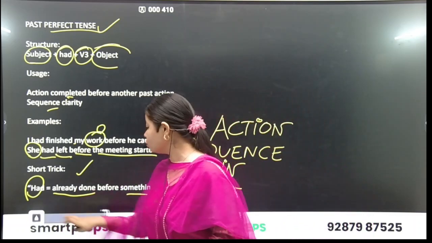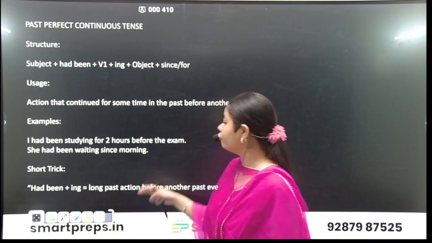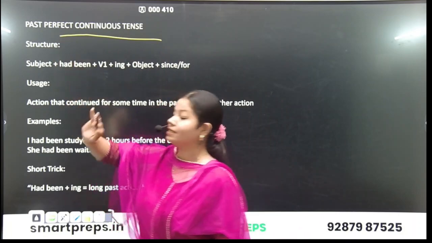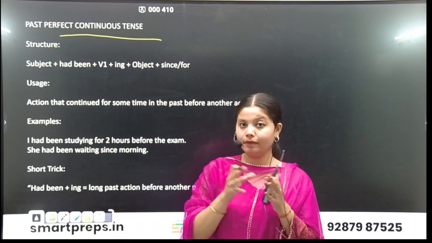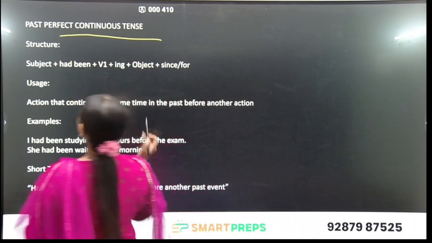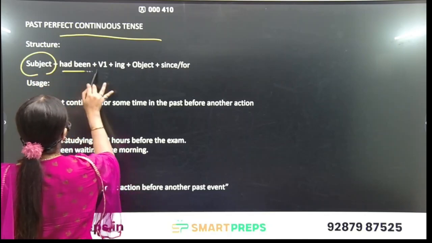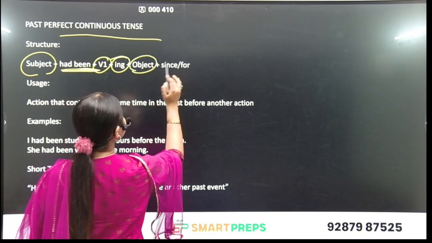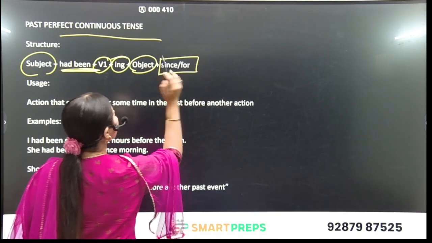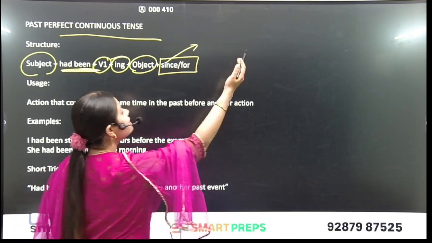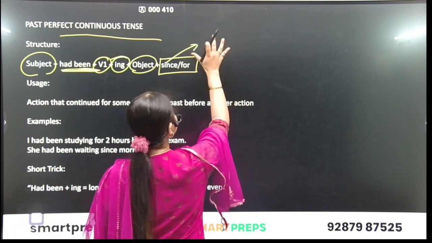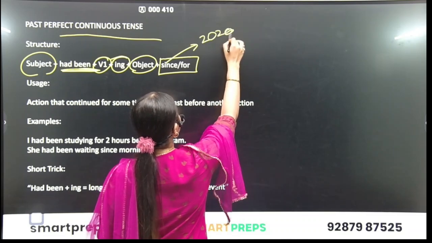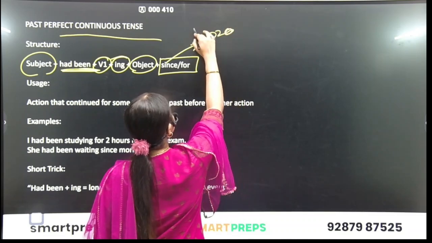Now let's move on to the fourth type of past tense, that is what? Past perfect continuous tense. Now we will merge both of them. So, subject will be there. Then had been plus the verb along with ing, then the object plus since or for. Now since, whenever since is used, it will be mentioning a specific year, for example 2020, or a specific time frame, maybe since morning.